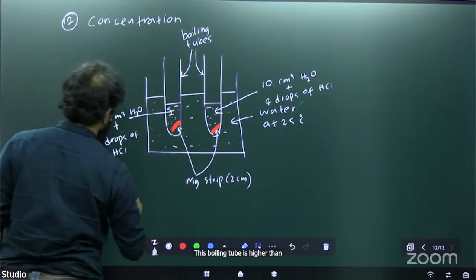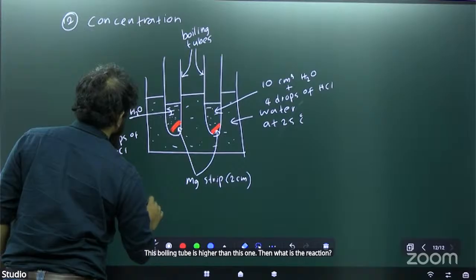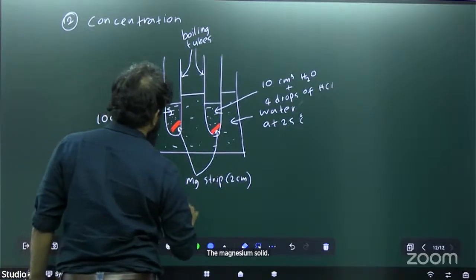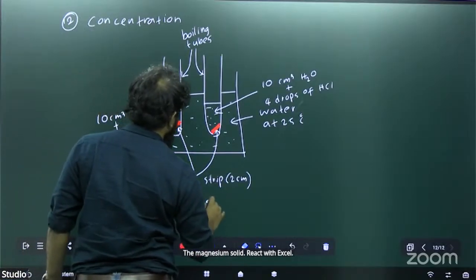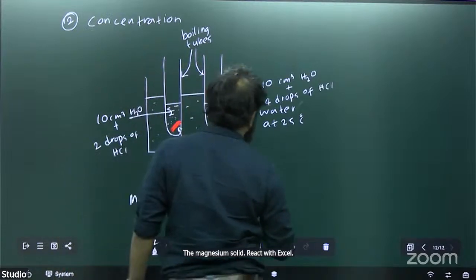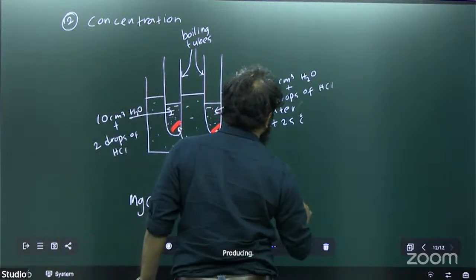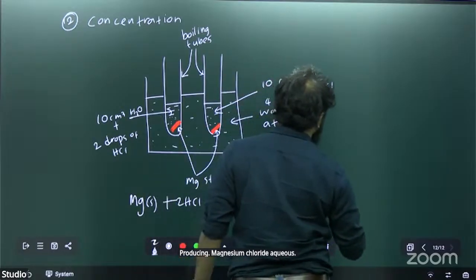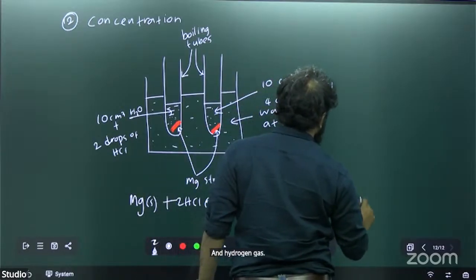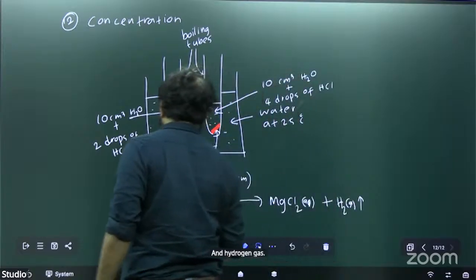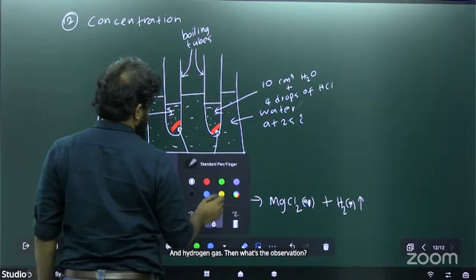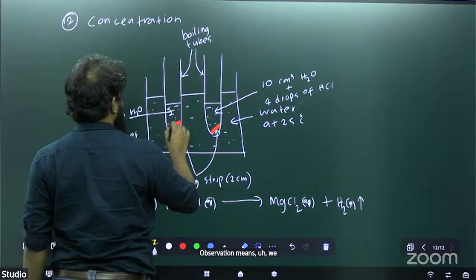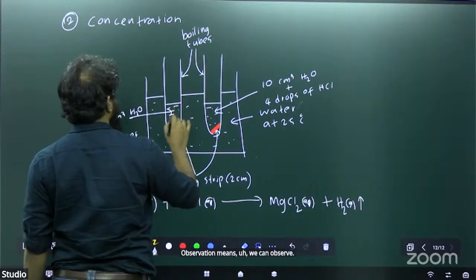Then what's the reaction? The magnesium solid reacts with HCl, producing magnesium chloride aqueous and hydrogen gas. Then what's the observation? Observation means we can observe air bubbles are evolved, right?